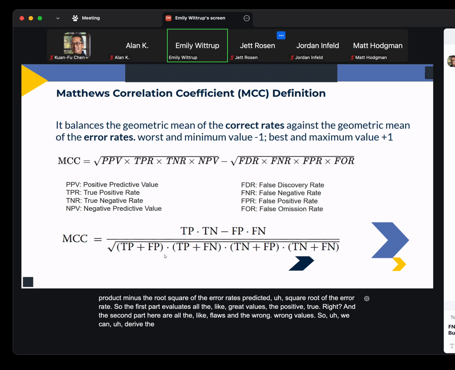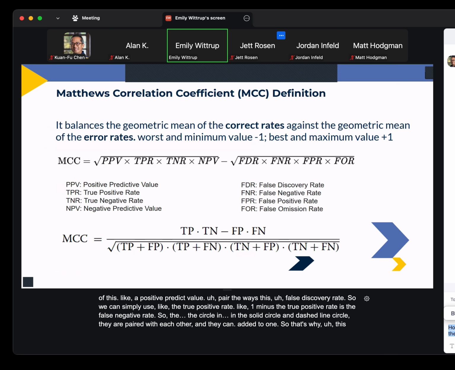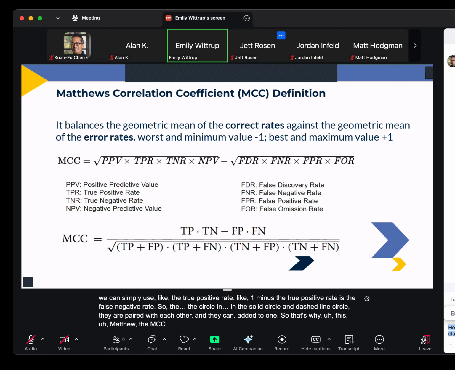The solid circle and the dashed-line circle are paired with each other and they add up to 1. That's why the MCC score can range from a worst minimum value of -1 to a best maximum value of 1. So here is how it can be calculated.